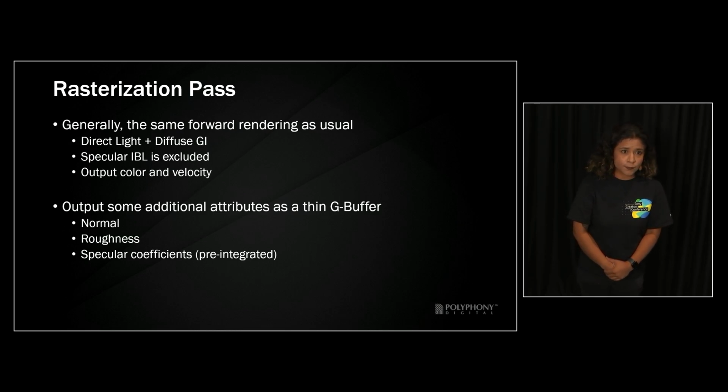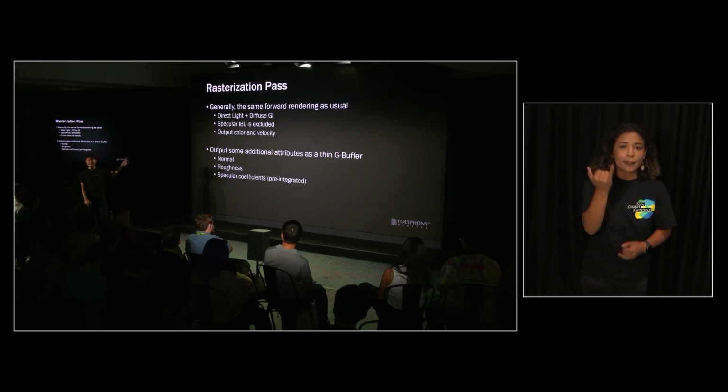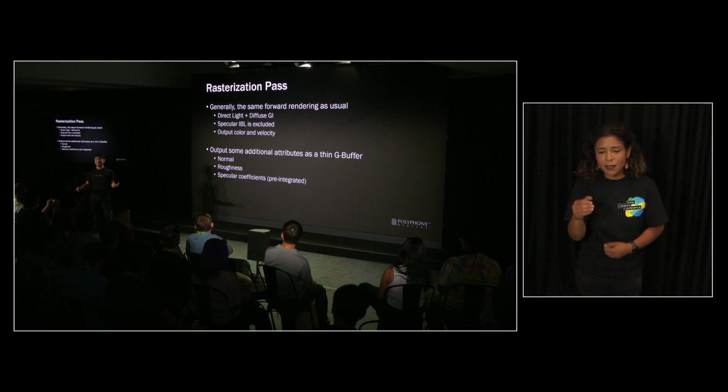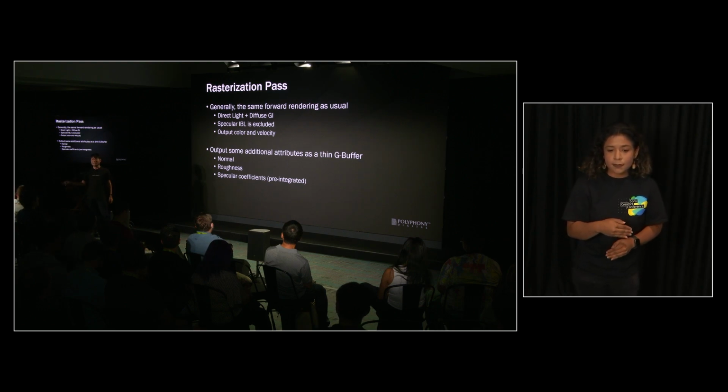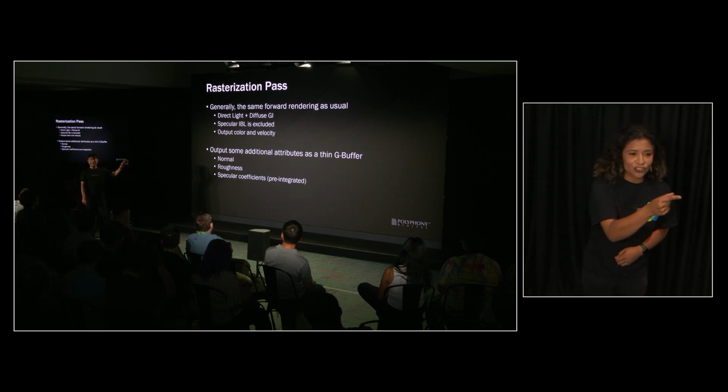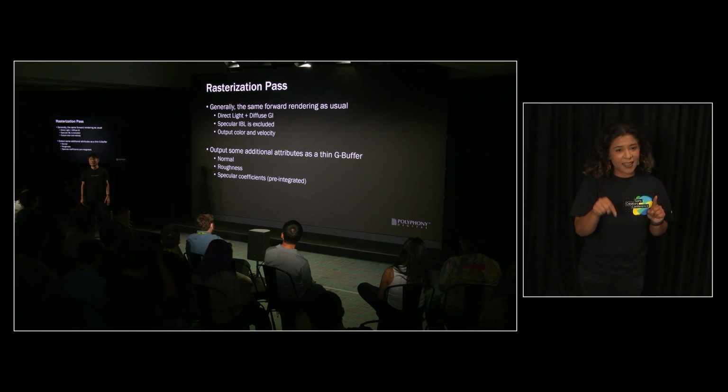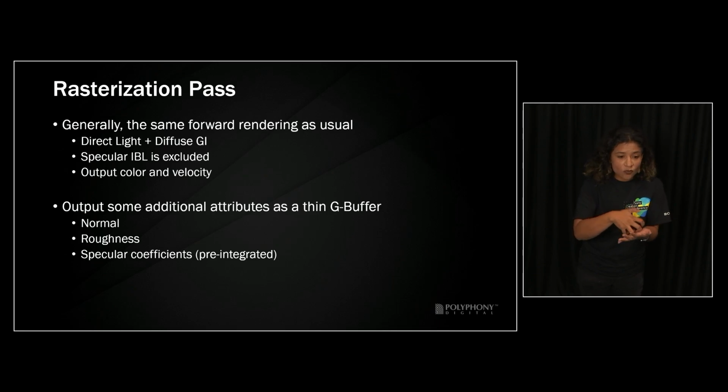I will now describe each rendering pass in detail. The rasterization pass is almost the same process as usual for the rendering, computing direct light and diffuse GI. However, specular IBL is excluded. In addition, additional attributes are output as a scene G-buffer: normal, roughness, and specular coefficients.